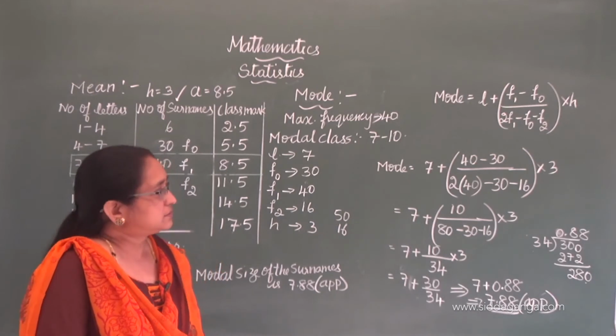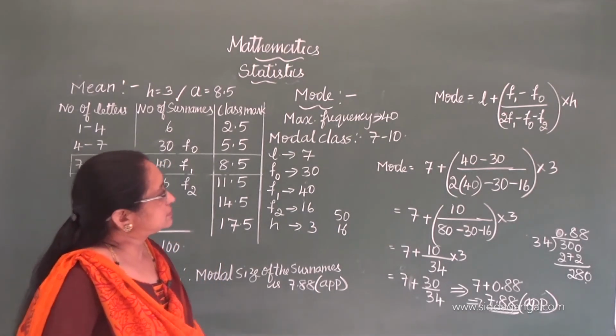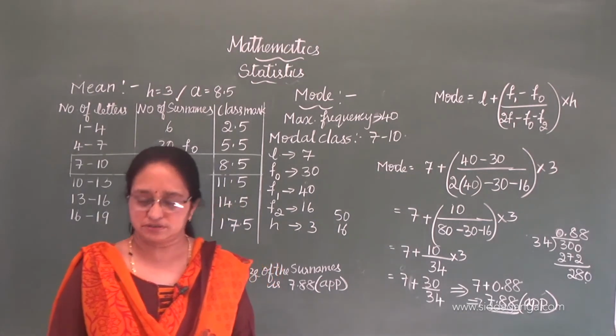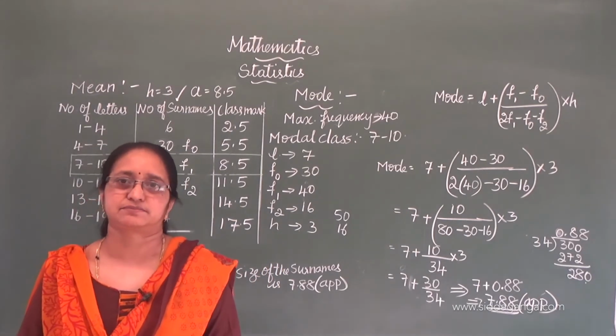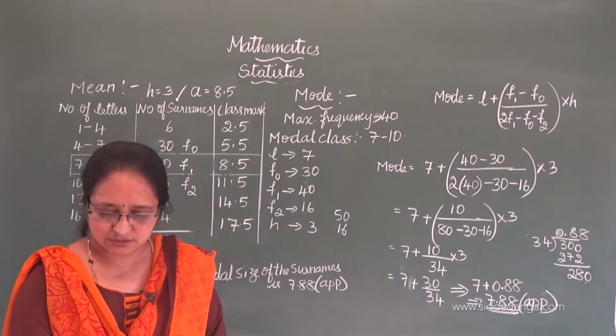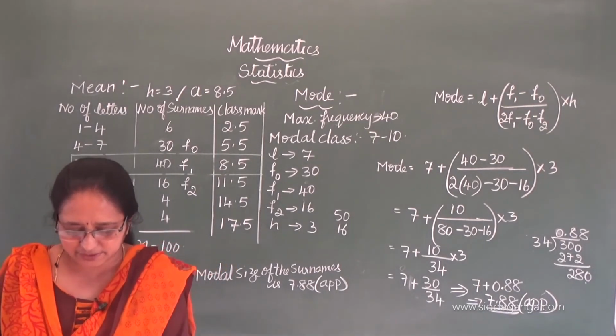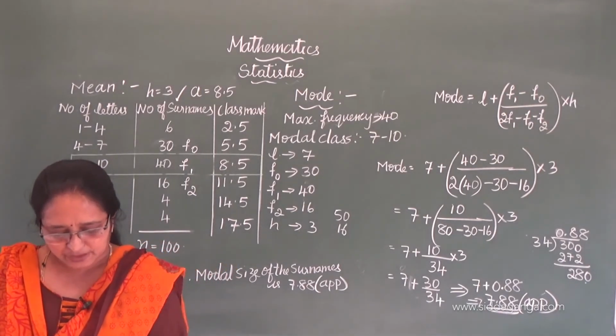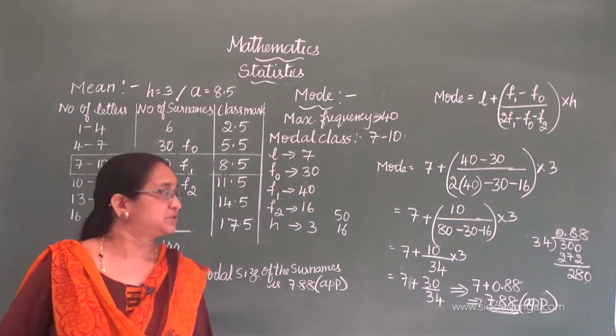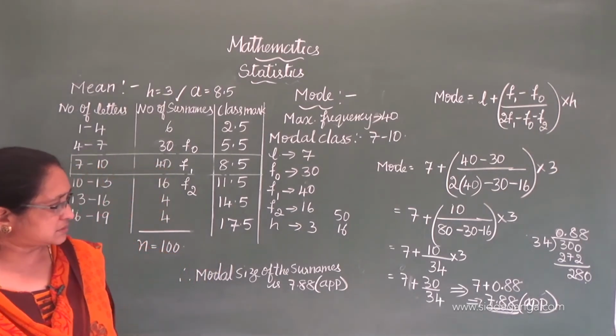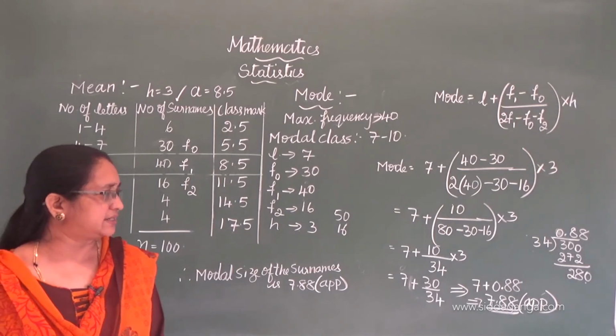Okay. I hope you are familiar with all the 3 central tendencies. So, now just see, we got the median as 8.05 and the mean as 8.32 and the mode as 7.88 approximate.